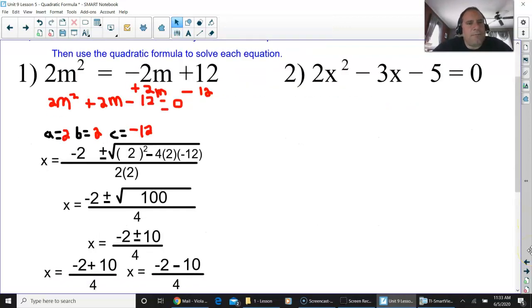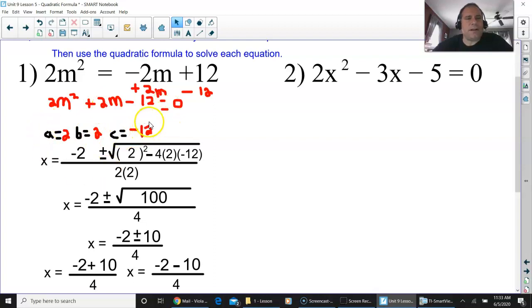All right, so the first thing I did was subtract 12 and add 2m from both sides, and I got 2m squared plus 2m minus 12 equals 0. I did that because it has to be in the standard form of a quadratic. So now you have A is 2, B is 2, and C is negative 12.